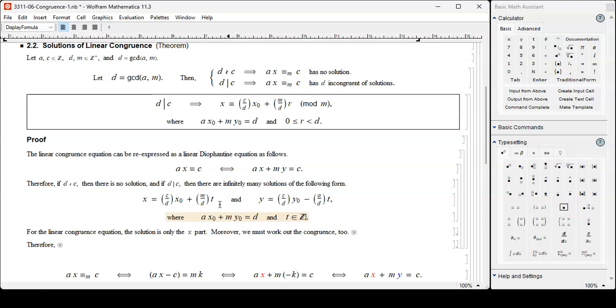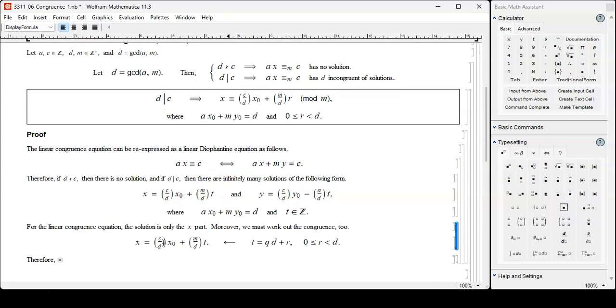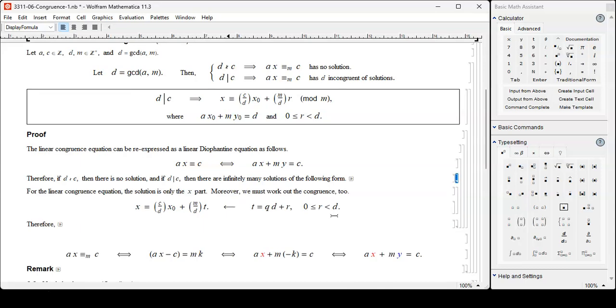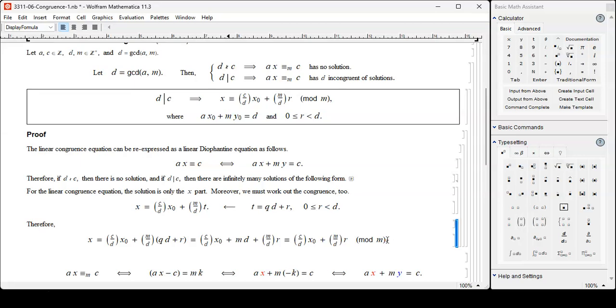So let's focus on the x part. And then we must work out the congruence too. So to this, let's apply the division algorithm to t, and then plug in and do your computation. Voila, that's what you're going to get.